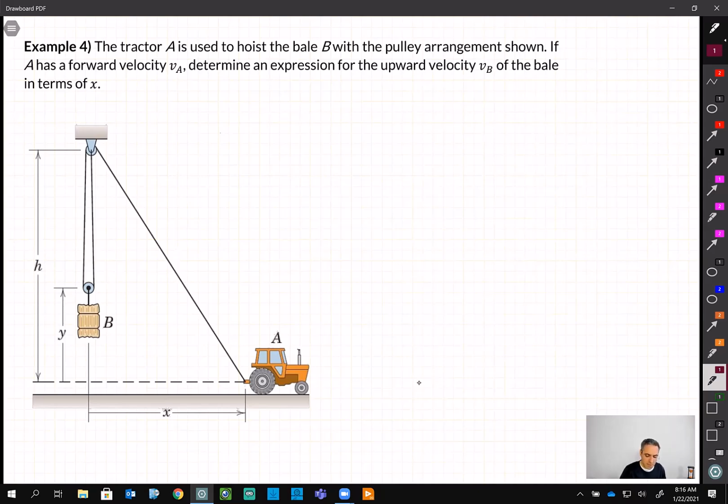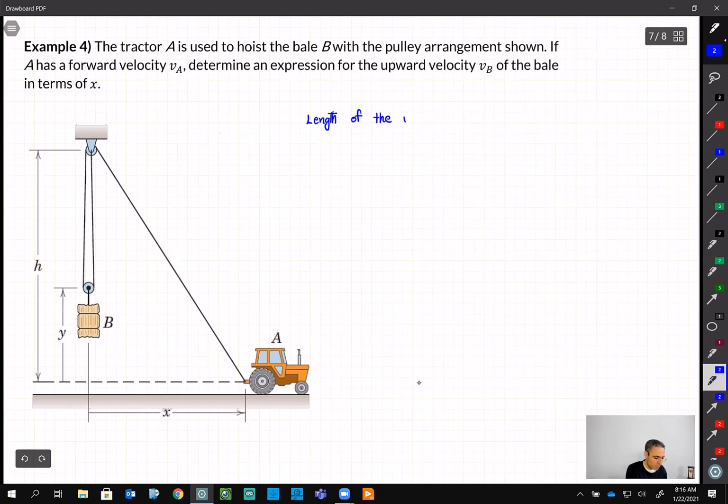Your task is finding the length of the rope. And I believe everybody understands the mechanism. It's very easy, right? This tractor is moving to the right.